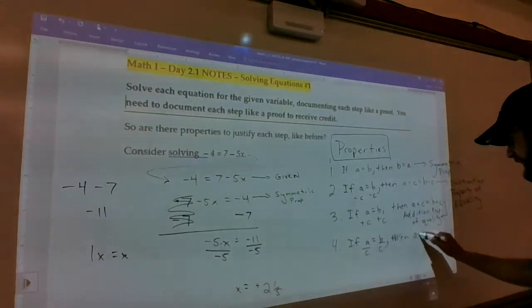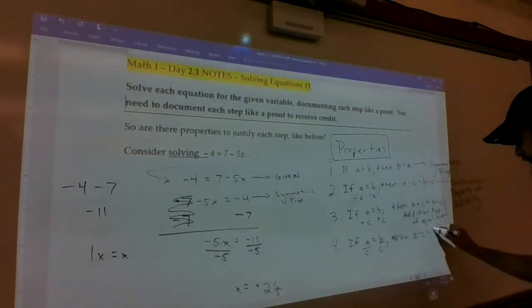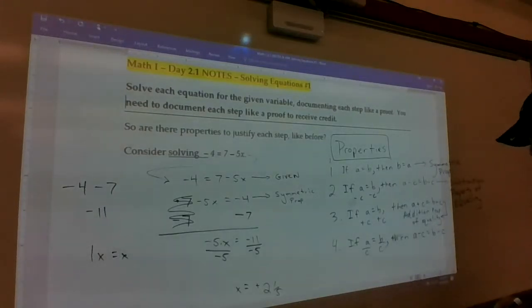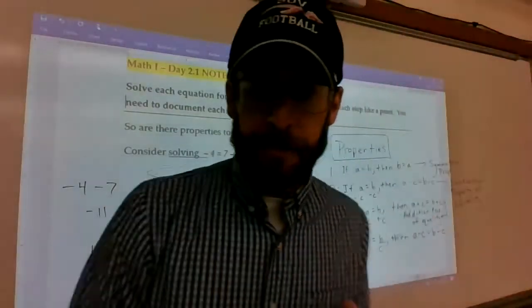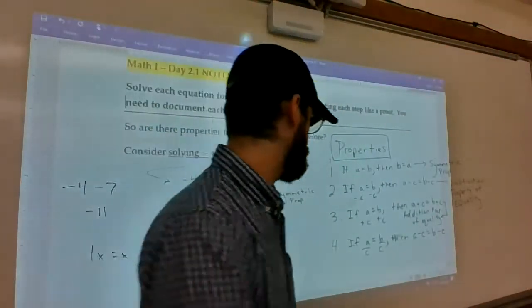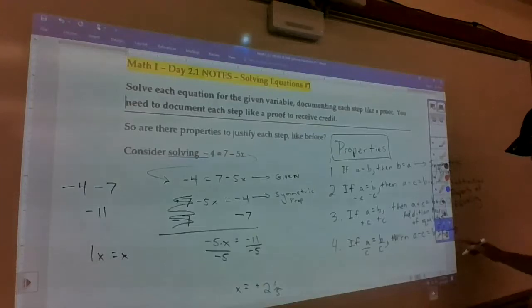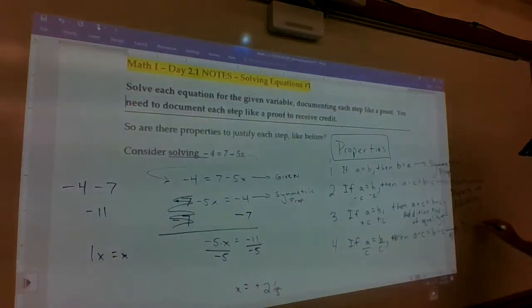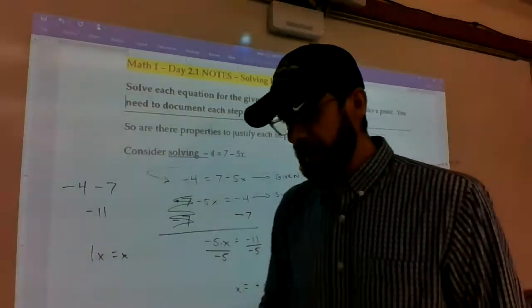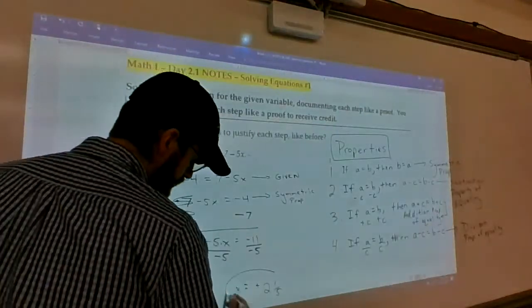Then A divided by C equals B divided by C. So we've got the division property of equality as well. Yeah. So we've solved this equation.